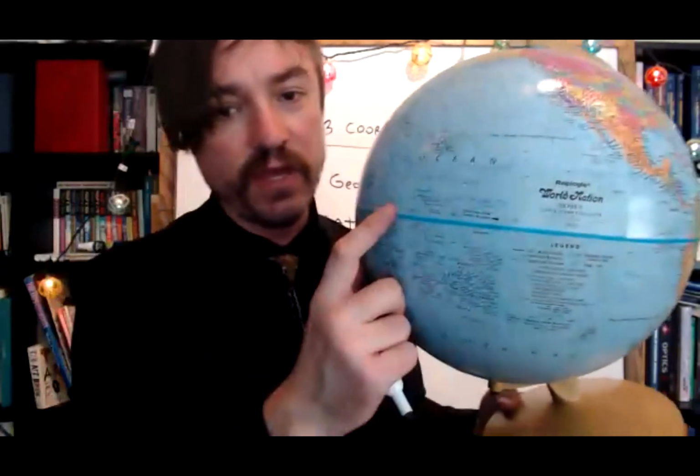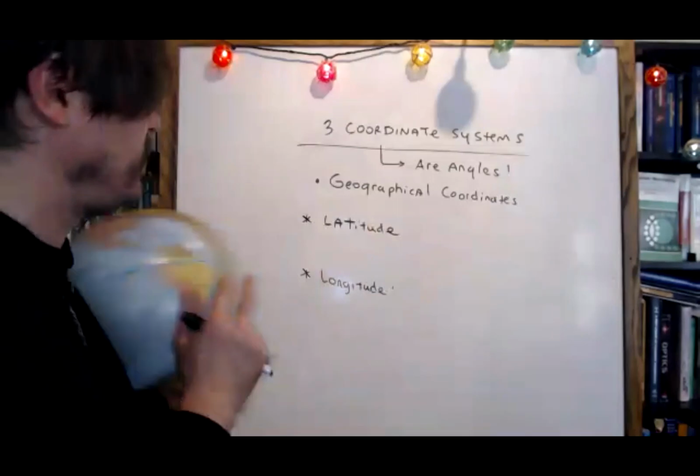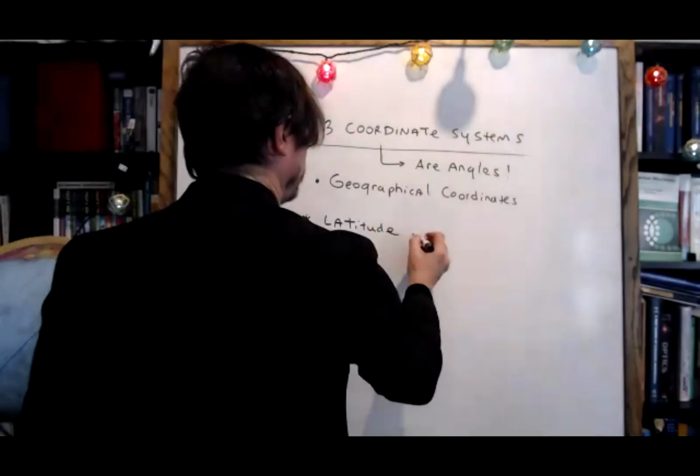I'd like to point out that if Earth spins on its axis, there is a natural symmetry point, the equator, which divides the Earth into a northern and a southern hemisphere. The equator seems like it might be a good line for us to begin one of our angles, and that's latitude.